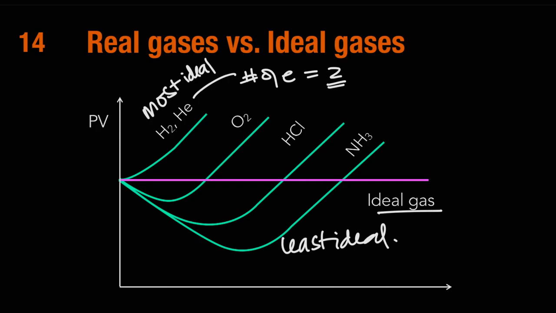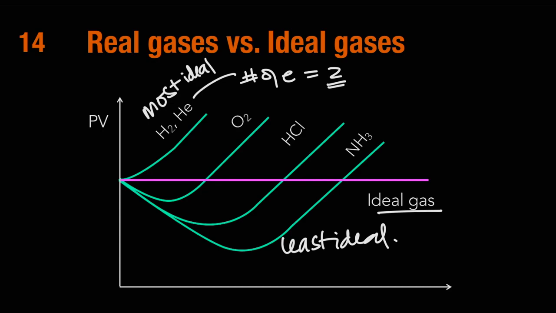You have to remember this. Okay? And the least ideal is the one that has the strongest intermolecular force. Now, even between hydrogen and helium, there is one that is more ideal, and it is not helium because helium is a noble gas. It is helium because helium has only 1 atom in a molecule, which is smaller in size than hydrogen having 2 atoms overlapping each other.